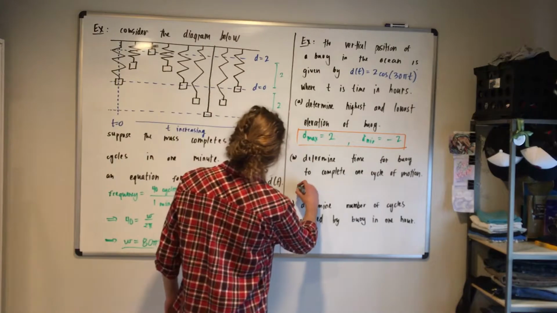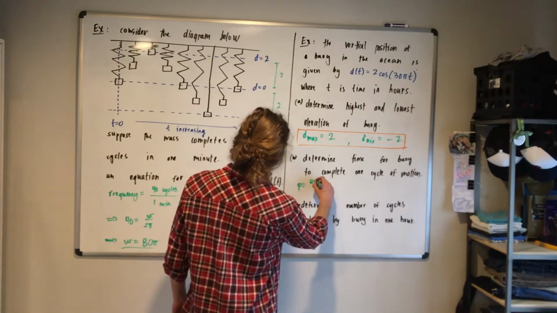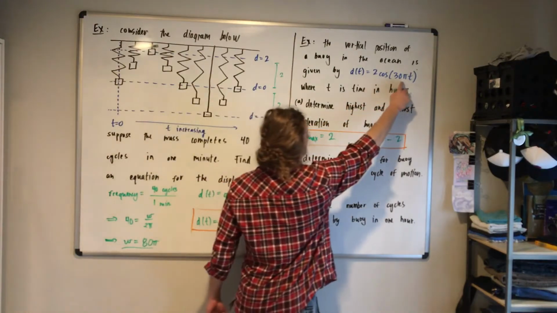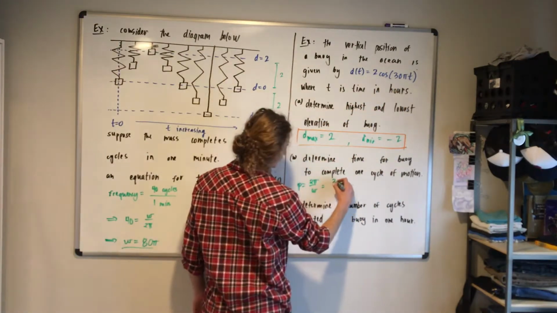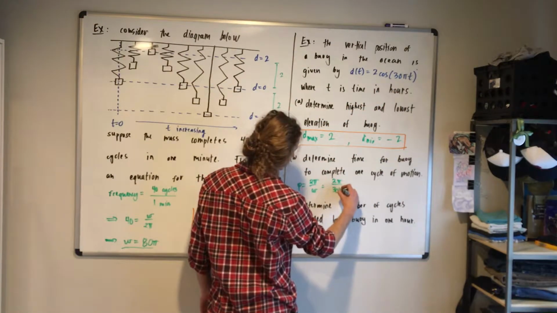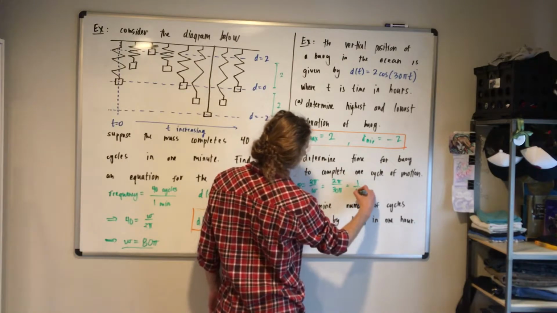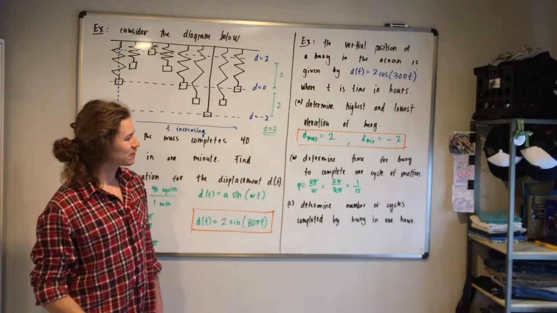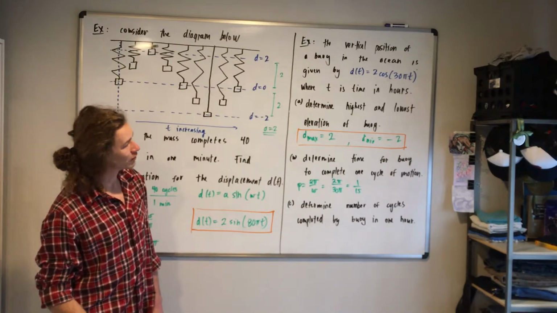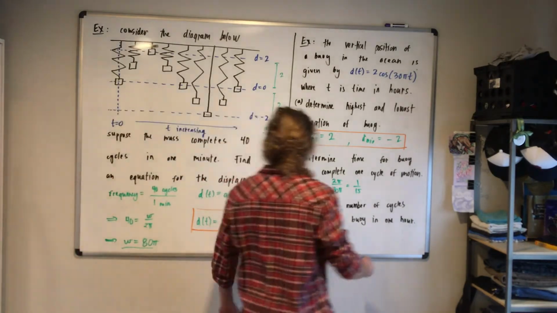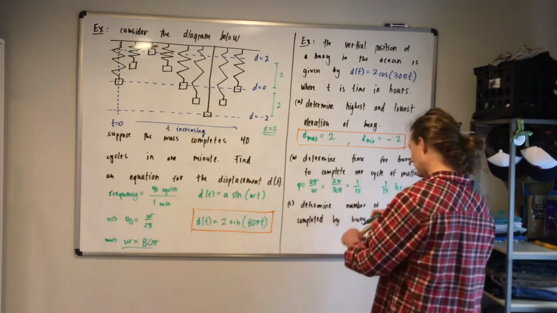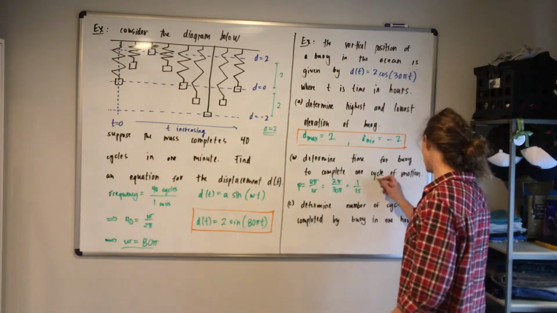We consider the period is equal to 2 pi over omega, where in this case our omega is 30 pi. So we have 2 pi over 30 pi, which is just equal to 1 over 15. So this tells us that we will complete one cycle in 1/15th of an hour.